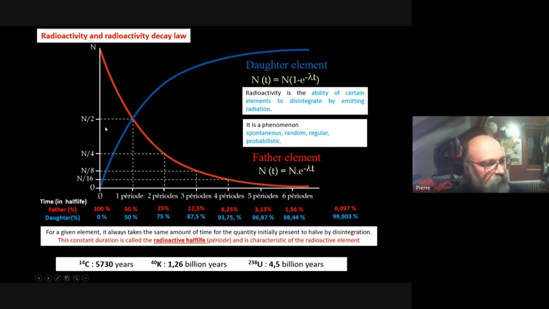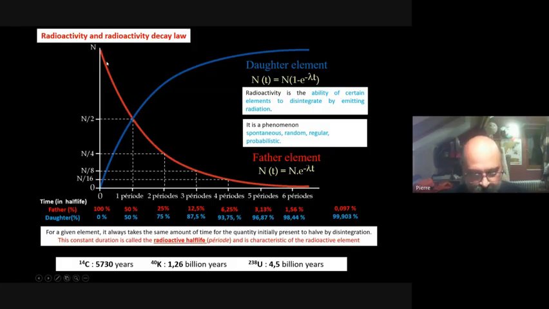These two curves are strictly the same for all the radioactive elements. What changes from one element to another is the half-life, the period needed for the transformation of 50% of the original father element.